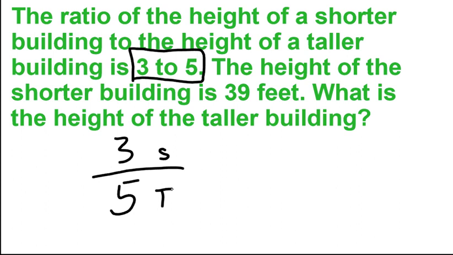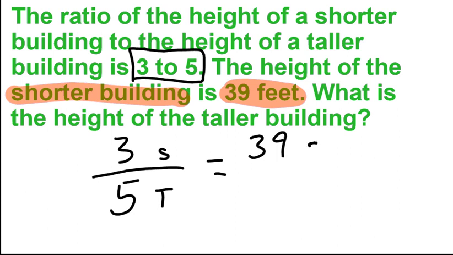When you set up the other side, there's a reason I labeled this. It's important to make them match. Our 39 feet right here, is that the taller or the shorter building? That's the shorter building, so that means that 39 has to go on top because that's the shorter building, and what we're trying to find is the taller building. Okay?